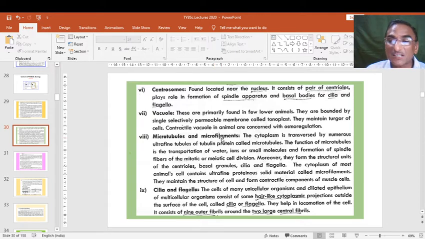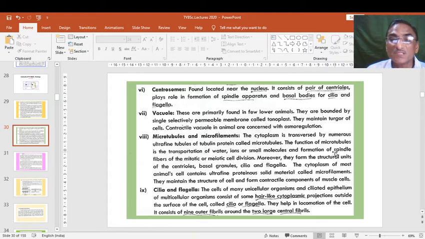The cytoplasm is generally traversed by numerous ultrafine tubules of a tubulin protein. This tubulin protein is called microtubules.